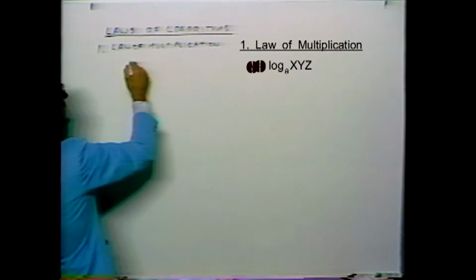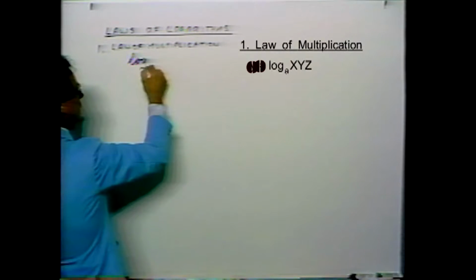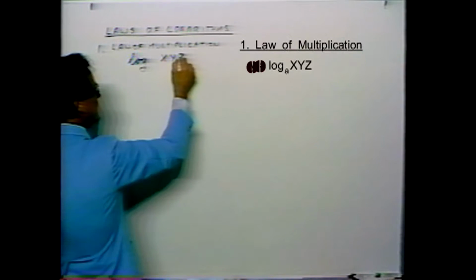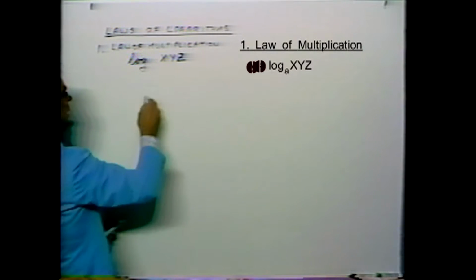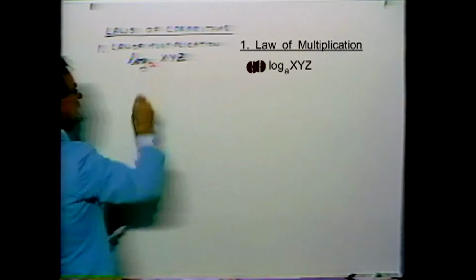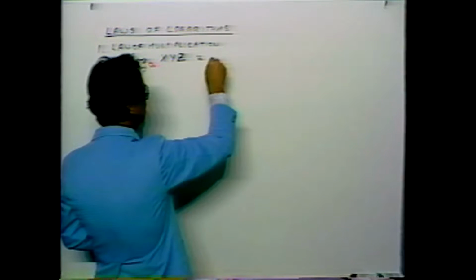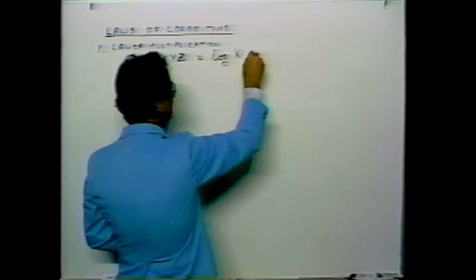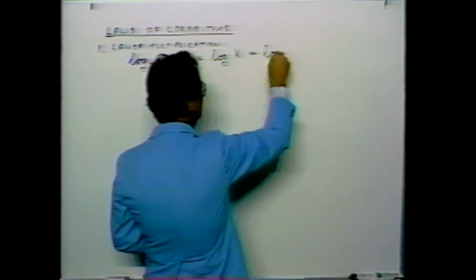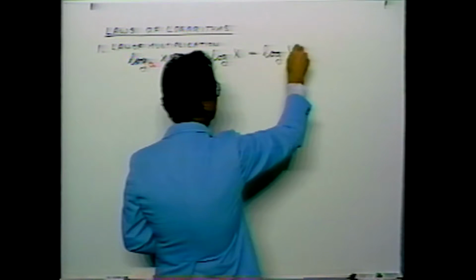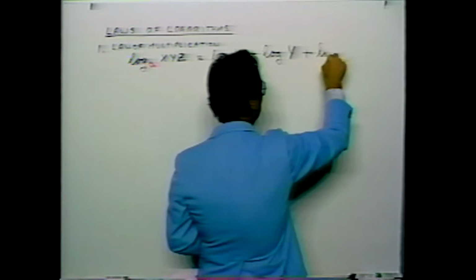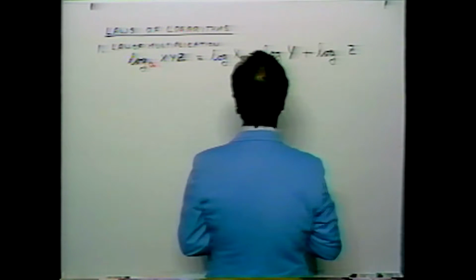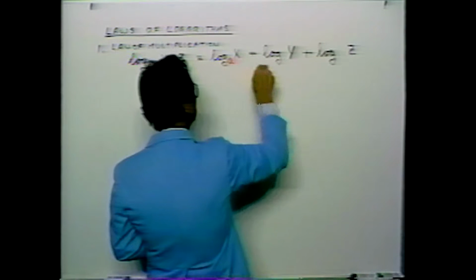Which is that the log of x, y, z to any base a is equal to the log of x plus the log of y plus the log of z, all of the same base a.